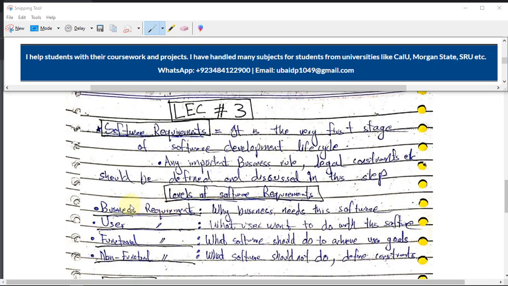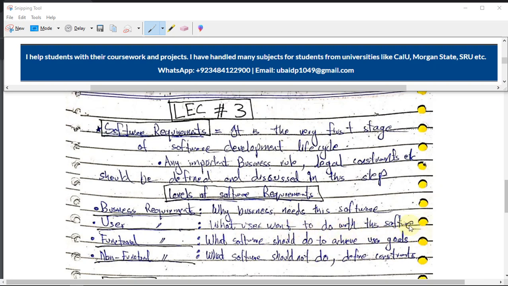At the business requirement stage, you are defining why you need this software for your business.